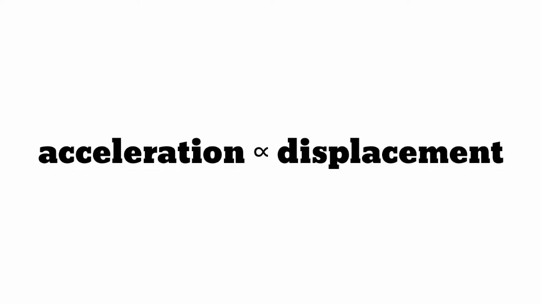Where does this formula come from? As we said earlier, acceleration is directly proportional to the displacement of the ball from the mean position, so we can denote it as A is directly proportional to x position. We will use this property to derive the equation of time period. To start, we should write it as A is directly proportional to x and remove the sign of proportionality.